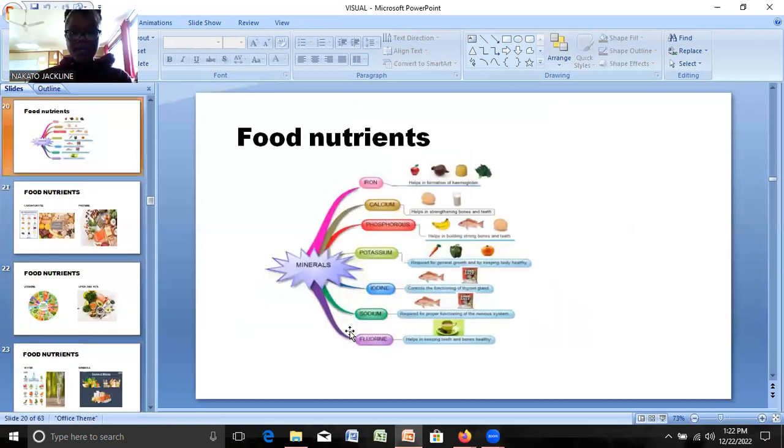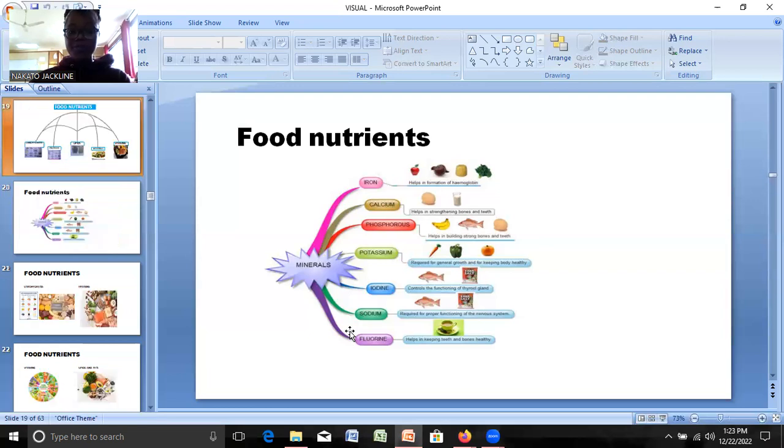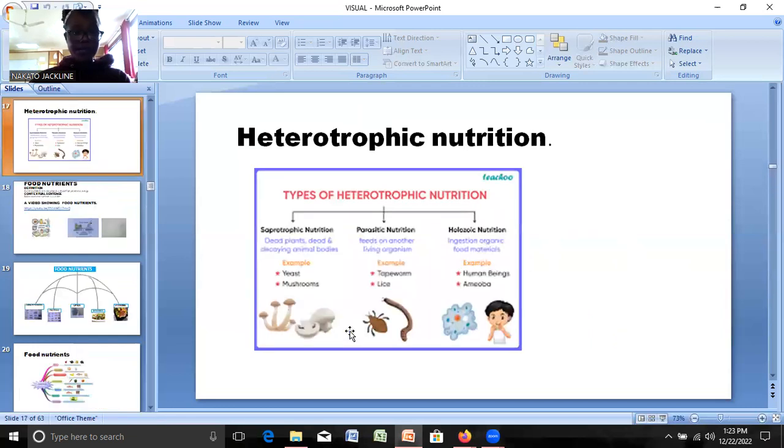Then again, under nutrients, we have minerals. When we talk about minerals, we include iron, calcium, phosphorus, potassium, iodine, sodium, and fluorine. And we see different pictures explaining which categories of food we can use to get iron and other different foodstuffs.